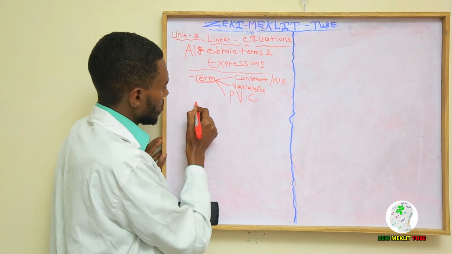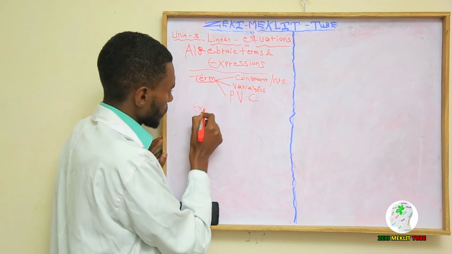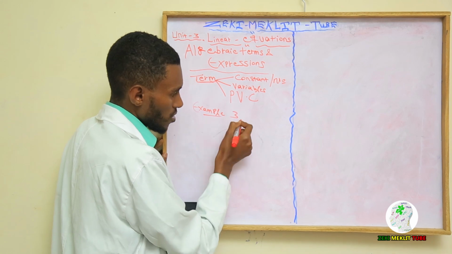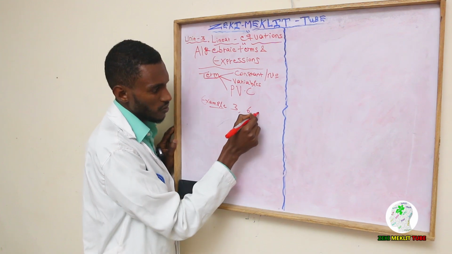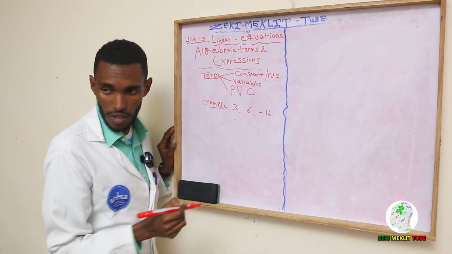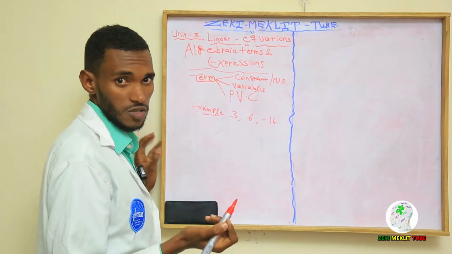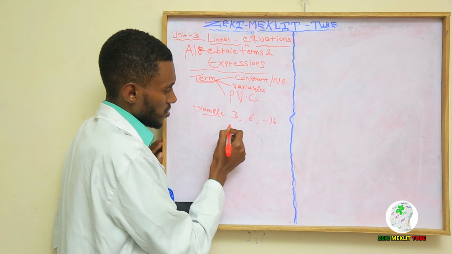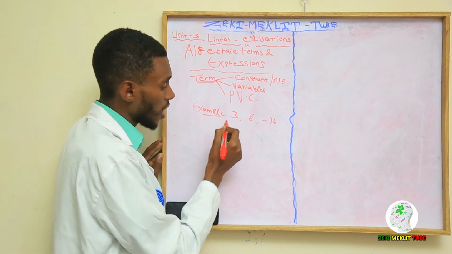For example, any number, if it is 3 or 6 or negative, it's what? A term. It is a term because a constant is one of the parts of a term. And also variables. A variable means an unknown number.